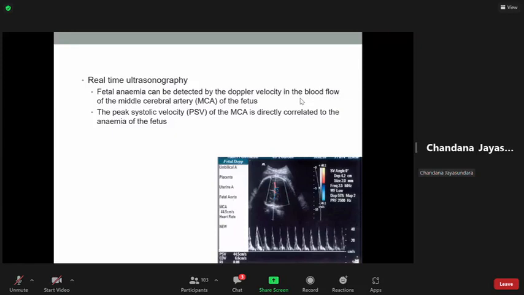In the middle cerebral artery, if the baby is having anemia, the blood flow increases. And when the blood flow increases, we can get the amount of increase. So the more the increase, the more the chance that the baby is having anemia. That's the argument. So we have to see how bad the increase is.